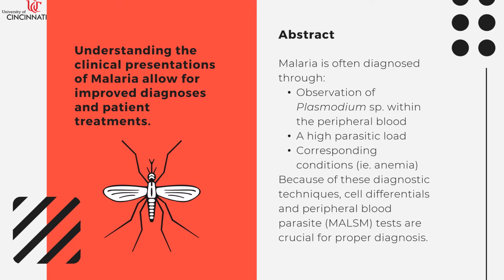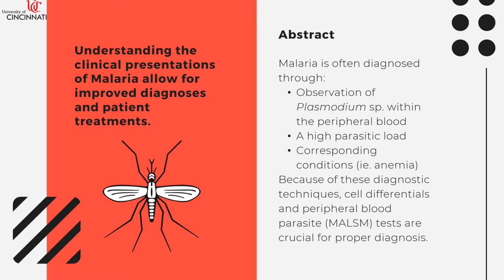Our project evaluates the case of a patient at the University of Cincinnati Medical Center, UCMC, who experienced delayed diagnosis of proper illness. This illness being malaria. Malaria has unique laboratory characteristics that are often masked by flu-like symptoms in patients.